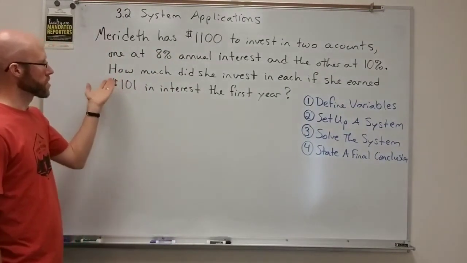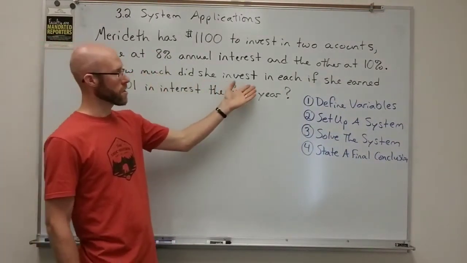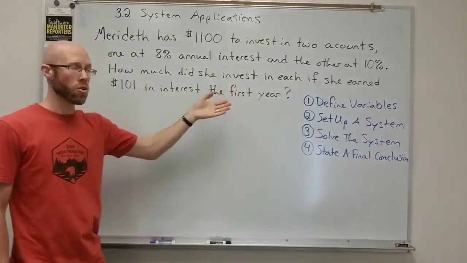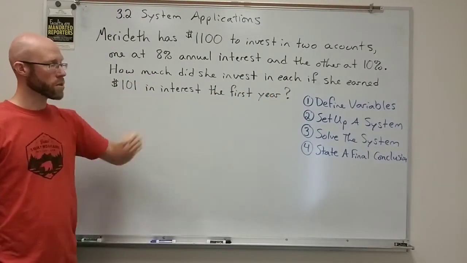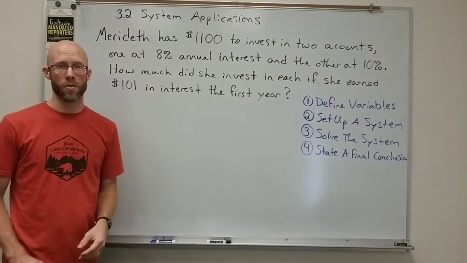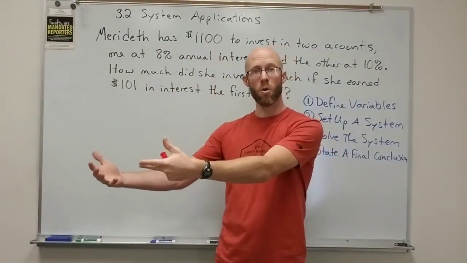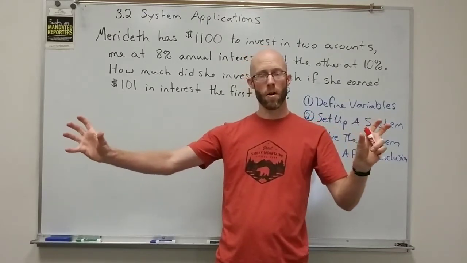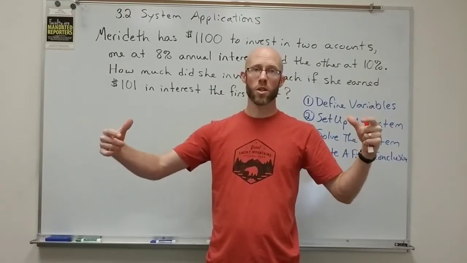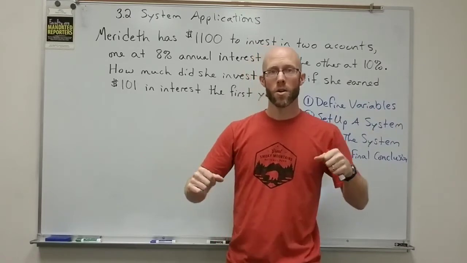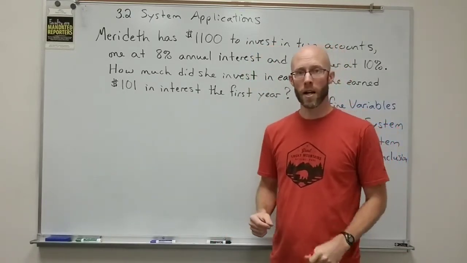So the question then is, how much did she invest in each account if she earned $101 in the first year? Okay, so we know how much she earned, we know how much she invested total, we just don't know how she split it apart. And we also know the rate at which she was earning interest. Okay, so those are some things to keep in mind.